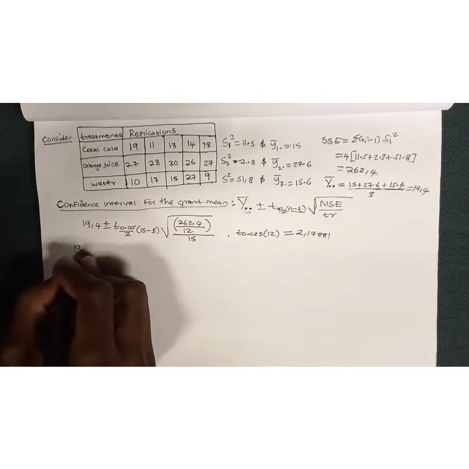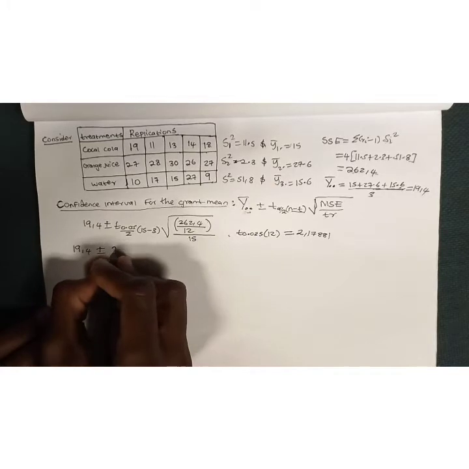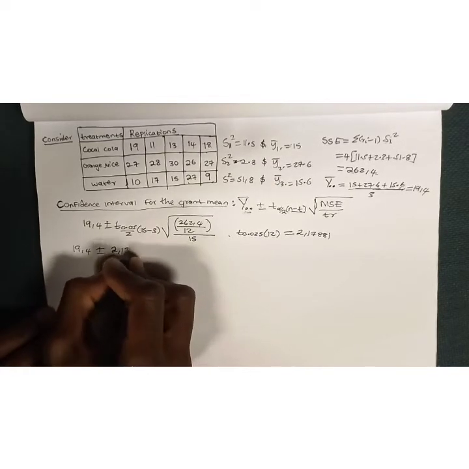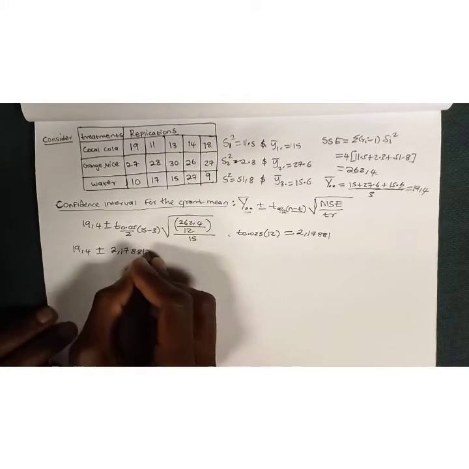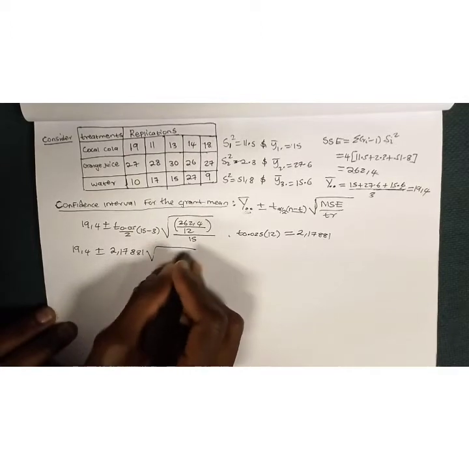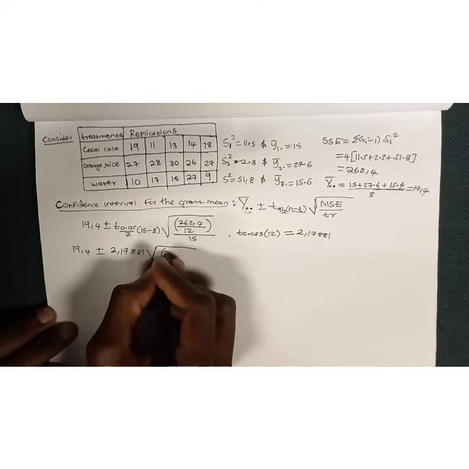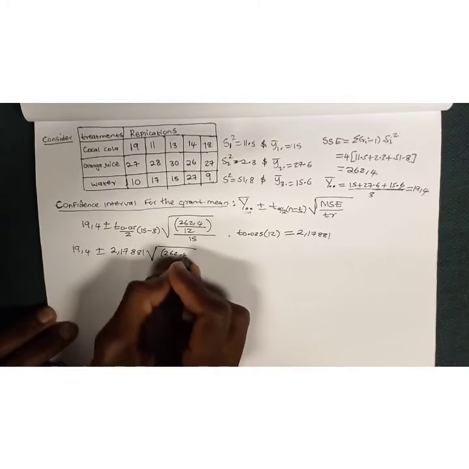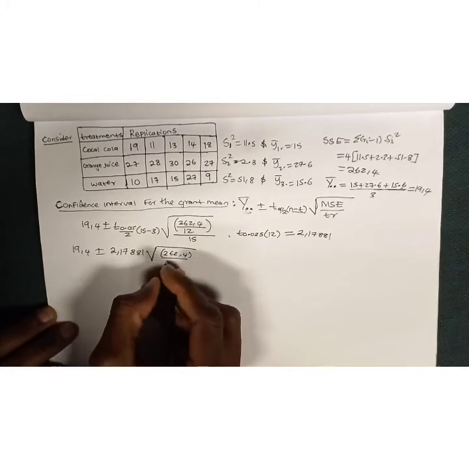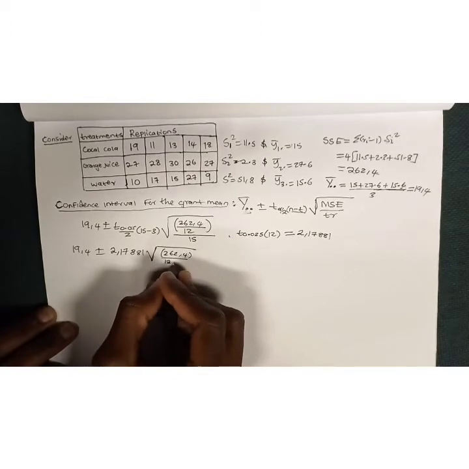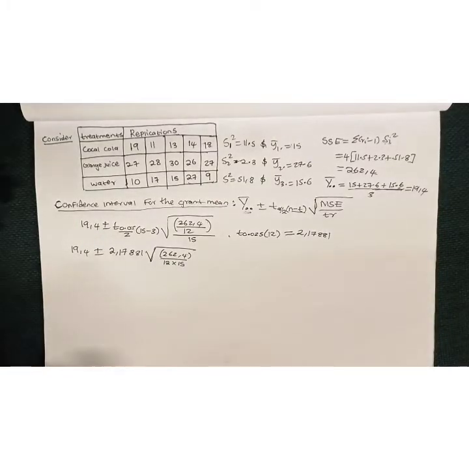So we have 19.4 plus or minus 2.1788, then we multiply by the square root of 262.4 all over 12 multiplied by 15.